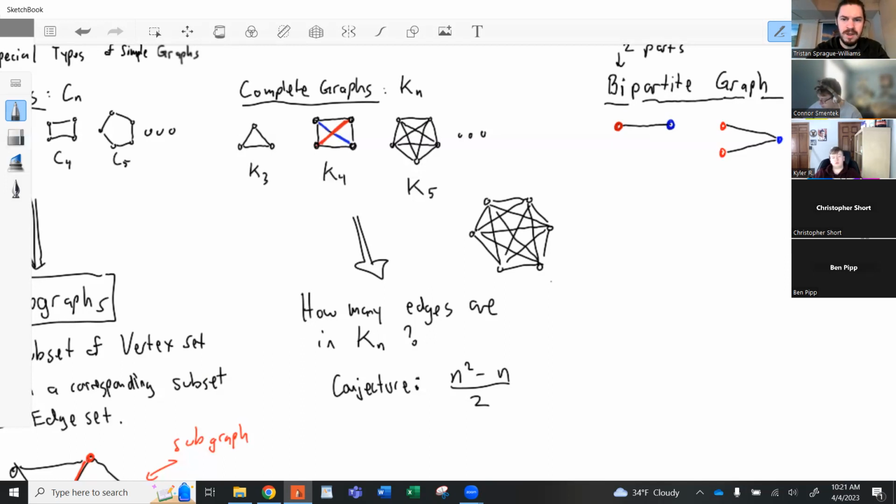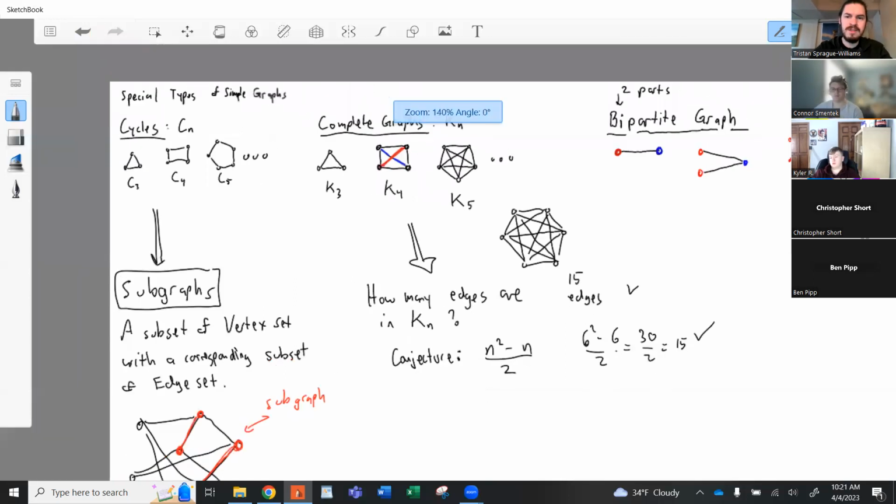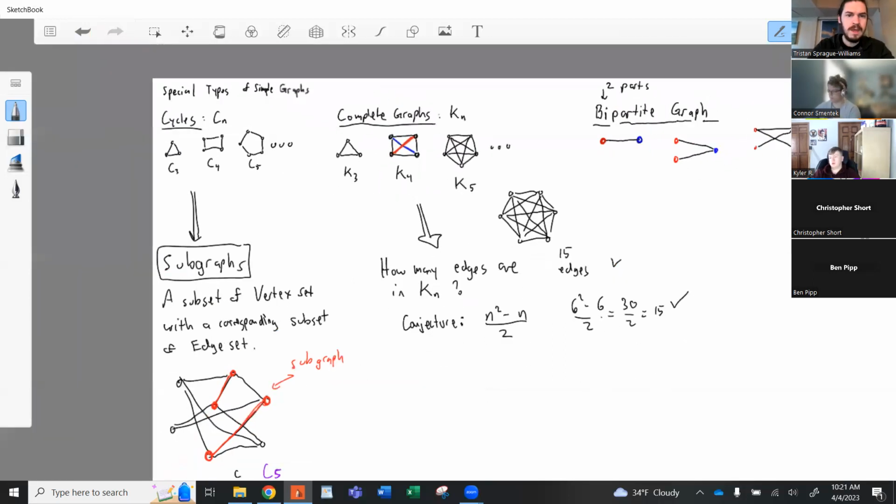I think the answer is 15 edges. And if you do 6 squared minus 6 all over 2, you get 30 over 2, which is indeed 15. Yep. So that worked, right? So that's seeming pretty promising, right?